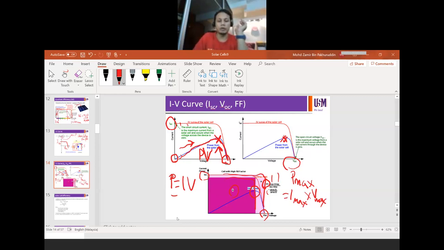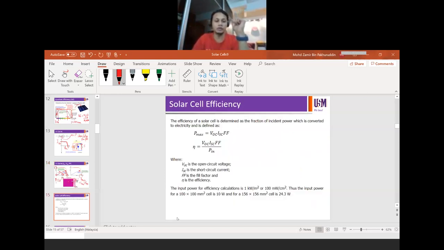So now we know that we can get the ISC, VOC, Imax, Vmax, Pmax and fill factor from the IV curve. Then we can use all these values to calculate the conversion efficiency of the solar cell. Efficiency is equal to eta.